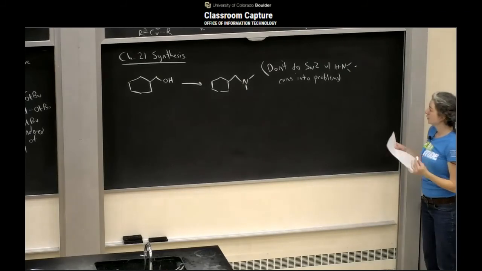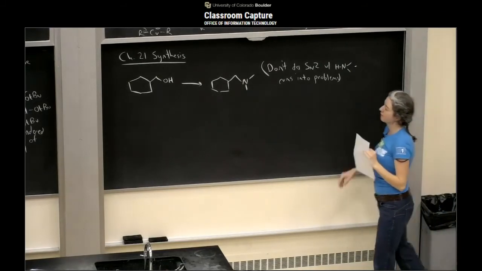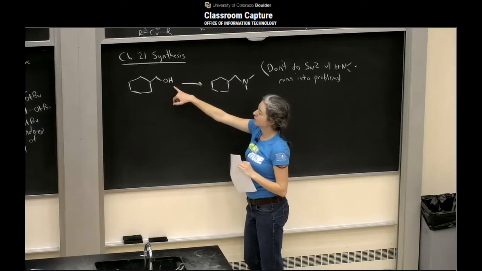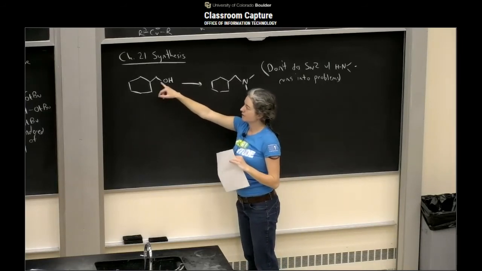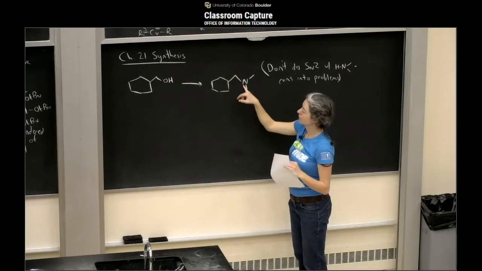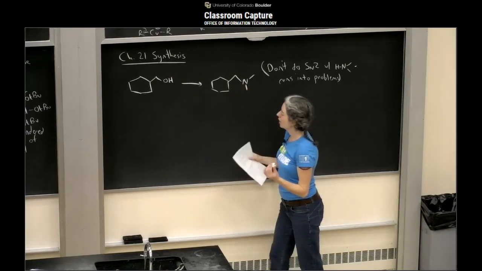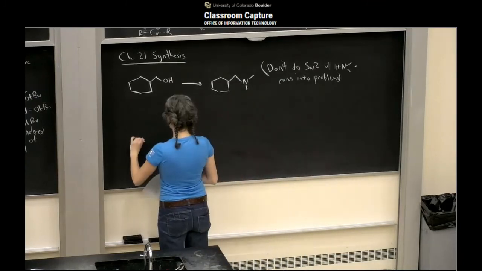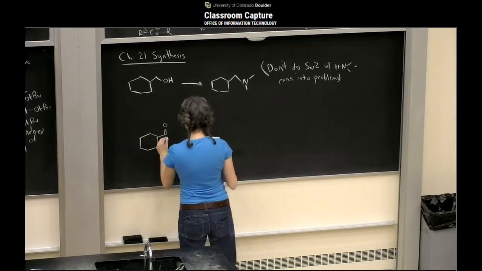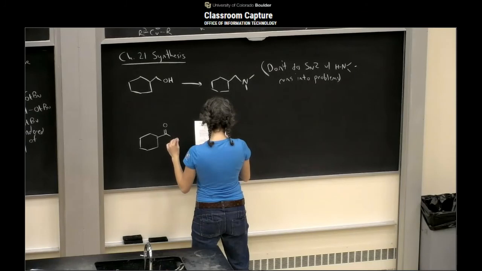Okay, so instead, a better option is actually going to be, we know that we can easily make a single carbon-nitrogen bond if we turn it into an amide, or if we go through something involving an amide. So maybe our key steps should look like some kind of acid chloride maybe.